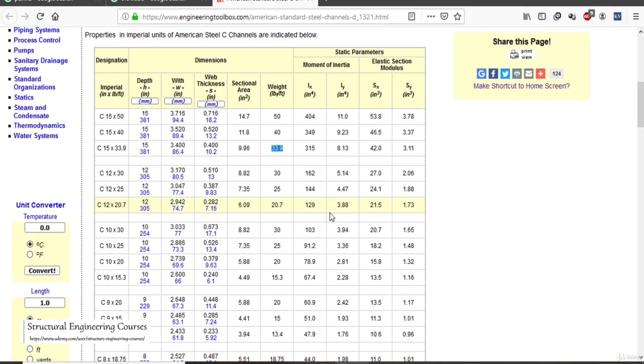Steel sections in almost all nomenclatures, whether British or American, have names that denote the height of the section and the weight of that section. Similar is the case with the W sections. In the American standard, they write the height of the section and the weight in pound per foot.